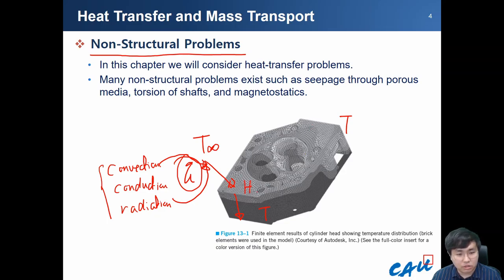This part is a high temperature and this part is a low temperature, so there is a temperature gradient. The solid structure will experience a large volume change here and a small volume change there. Due to the volume difference, misfit strain can be generated inside the solid structure, so it experiences large stress.